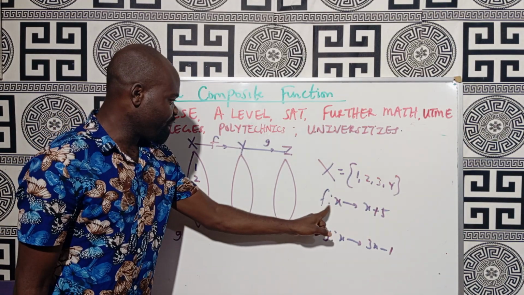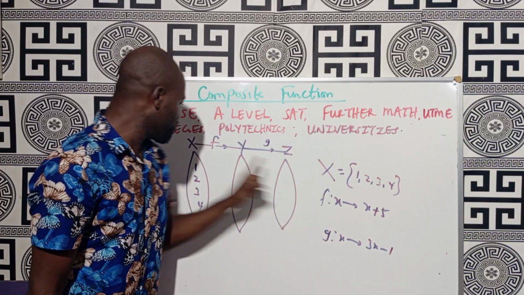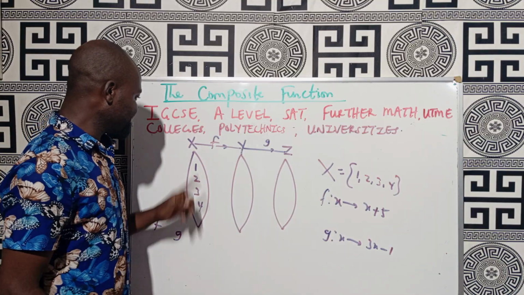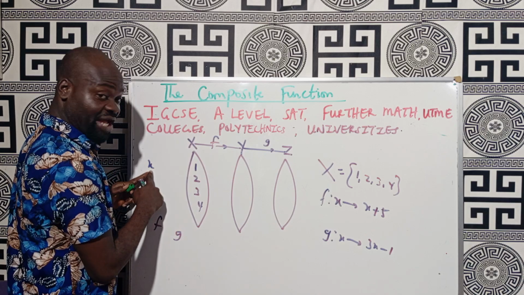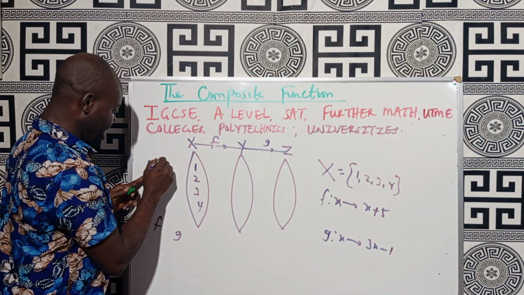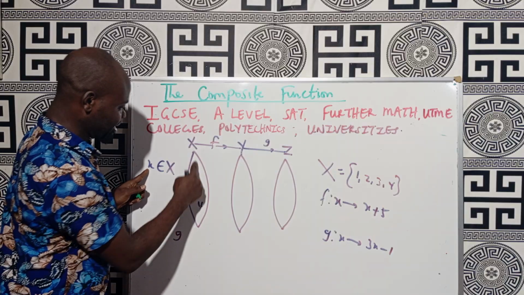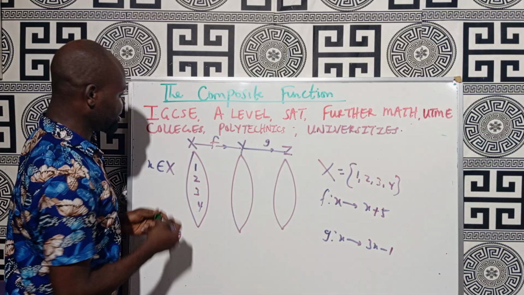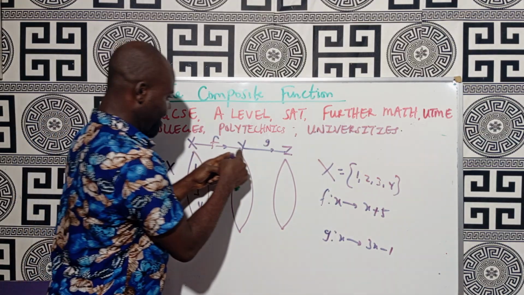Now, f of x means anywhere you see x, put these numbers. Put this number 1. Each of these small x belongs to this set X. Now let's see, f of x maps to y.